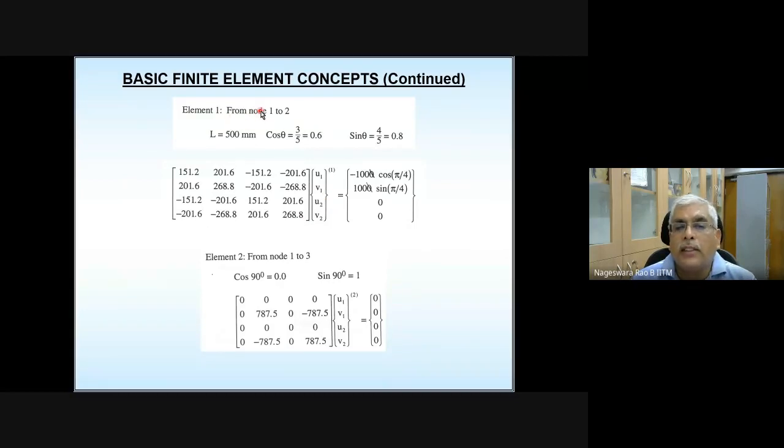The important thing is, for each element you need to be very clear what your local node 1 and local node 2 are, because the orientation of the element is going to depend on that.